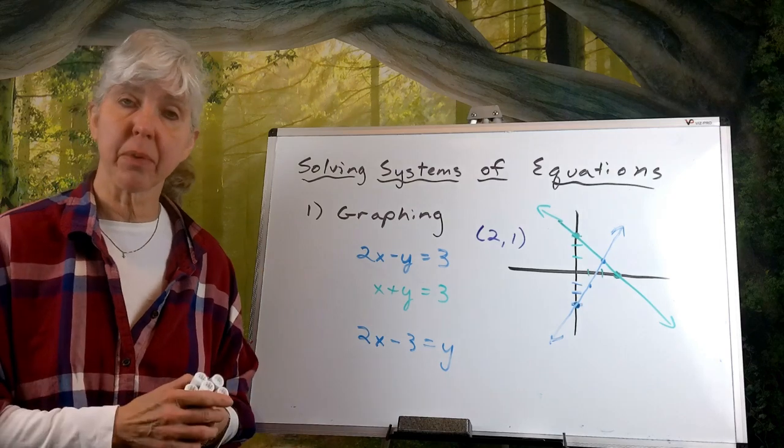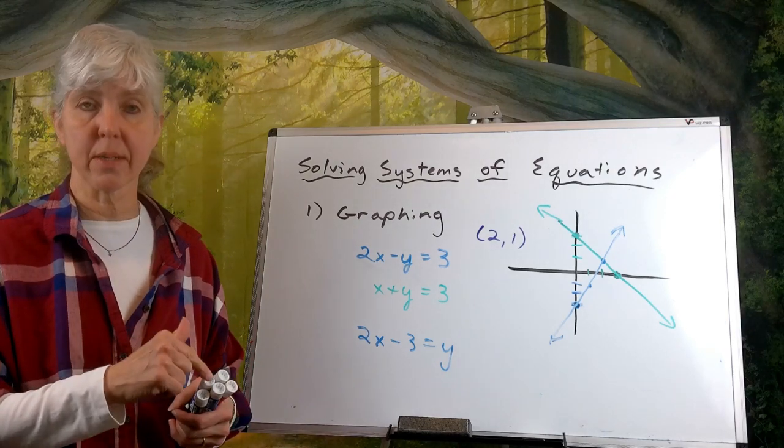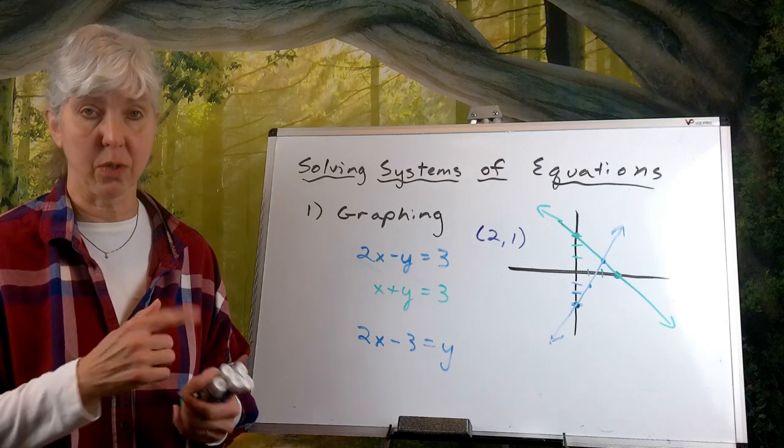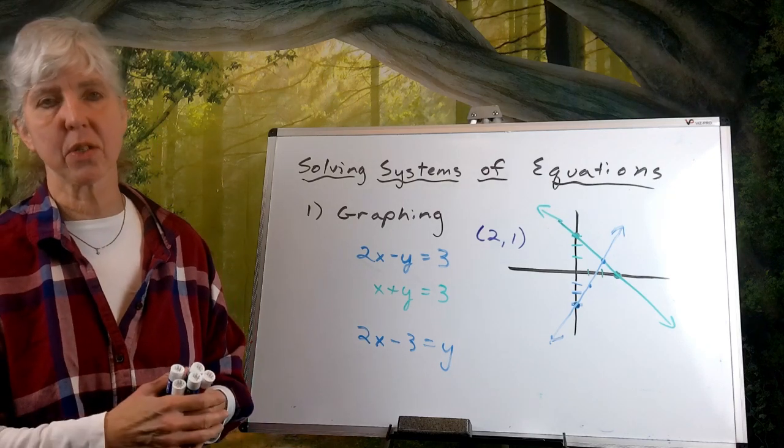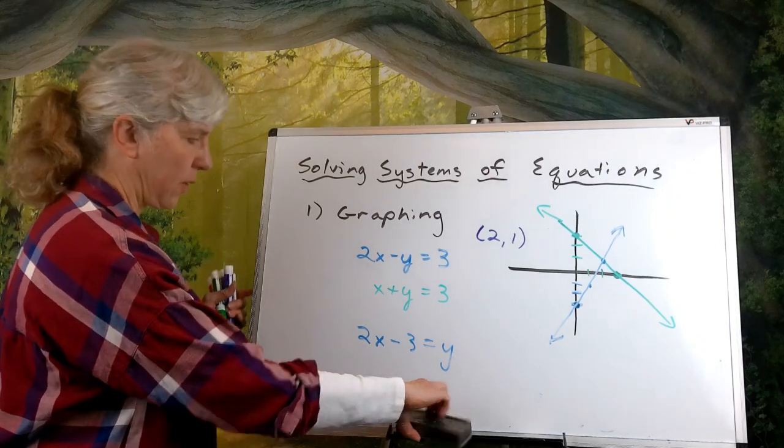So I'm going to do a couple of those as well. I'm going to do a linear-quadratic system, and then I'm going to do a quadratic-quadratic system. Both have nice intersection points, again, because it's graphing, and we want to make sure that our answers are nice.